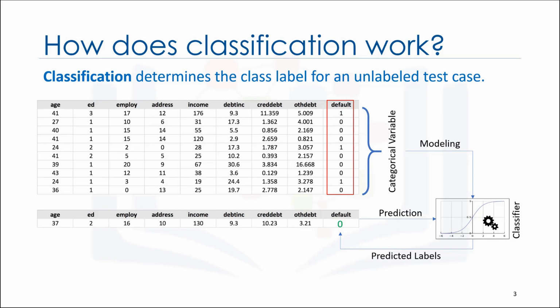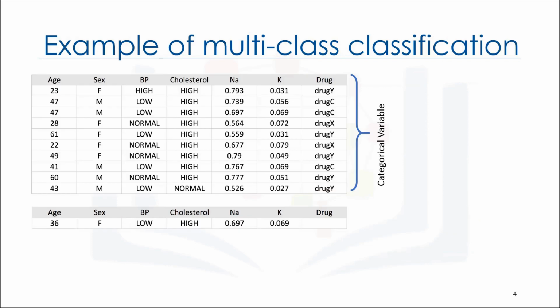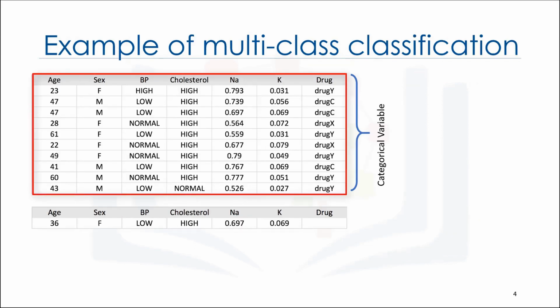Please notice that this specific example was about a binary classifier with two values. We can also build classifier models for both binary classification and multi-class classification. For example, imagine that you've collected data about a set of patients, all of whom suffered from the same illness.